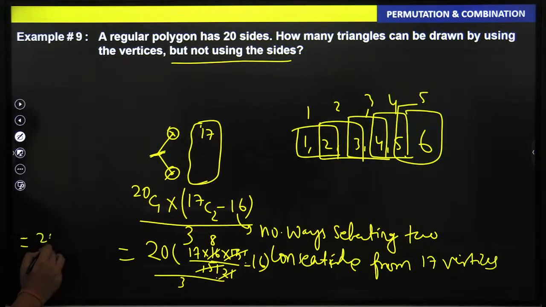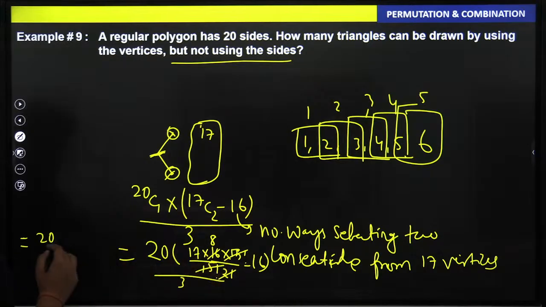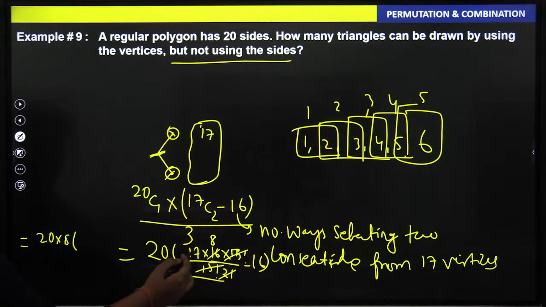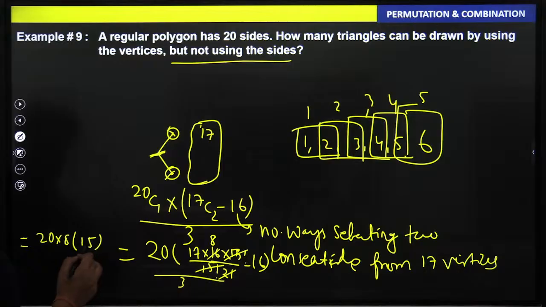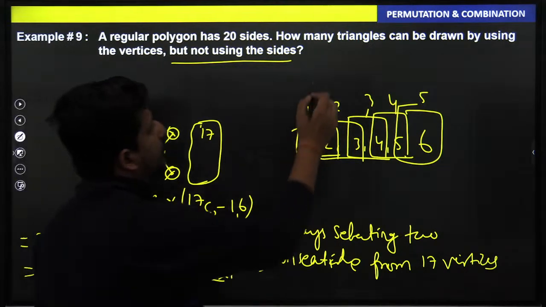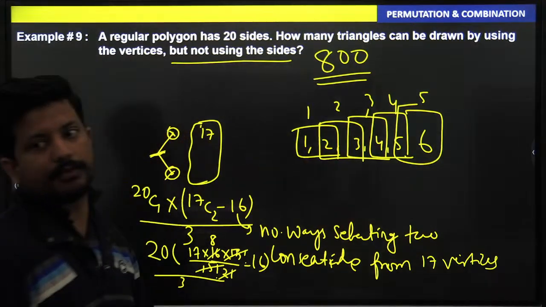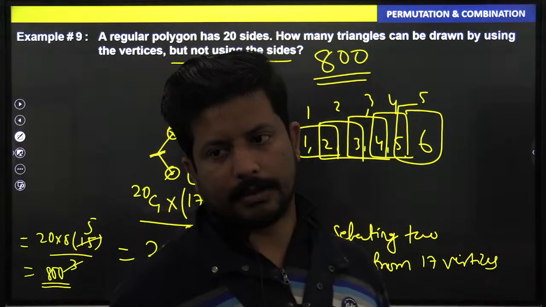This will become 20, and here 8 you can common, 17 minus 2, that is 15 by 3. So 3 5s are 15, so here 40 into 20, that is 800. Okay? So how many triangles do we have to select? How many ways? 800 ways, not 2400 ways. Hope you are getting my points.